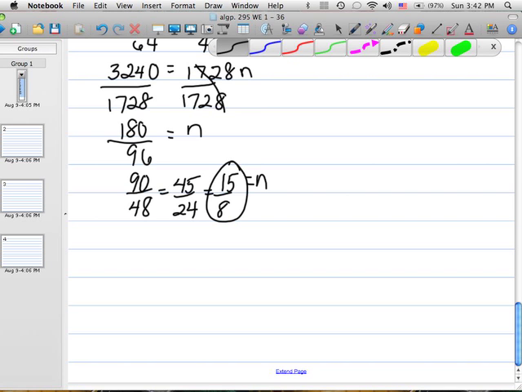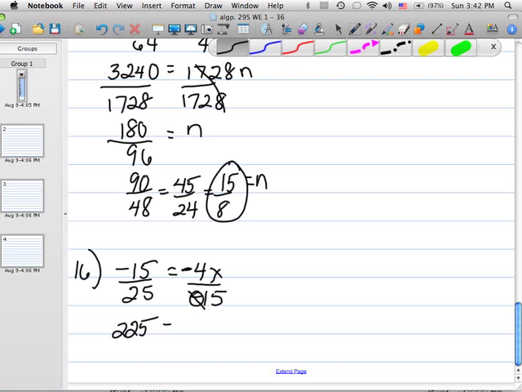Number 16, we have negative 15 25ths equals 4x over negative 15. Be sure and remove the negative sign and bring it up to the numerator always. So negative 15 times 15 is negative 225. And 4 times 25 is 100x.